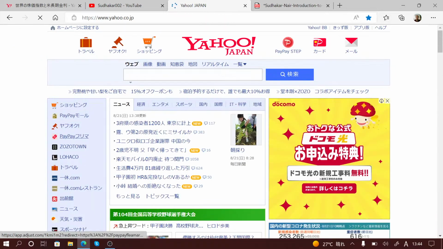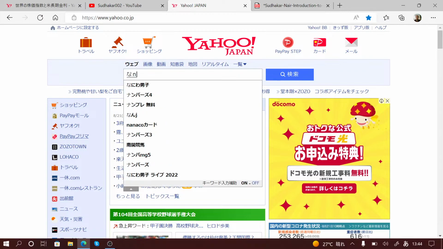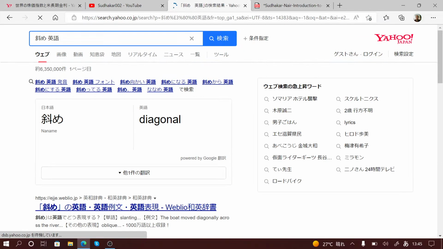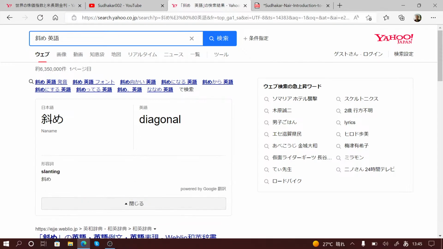Naname. Diagonal. Slanting. Okay, diagonal.